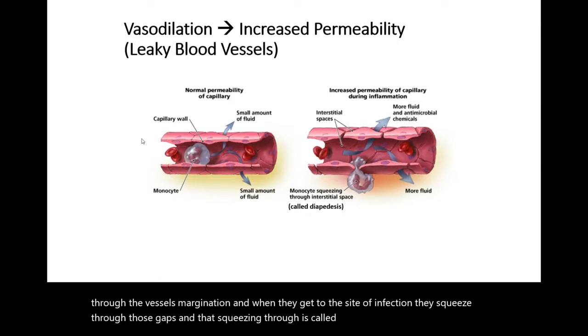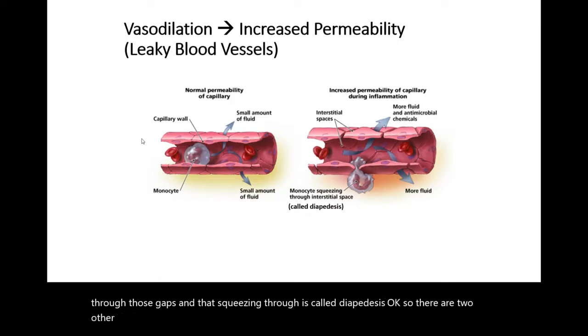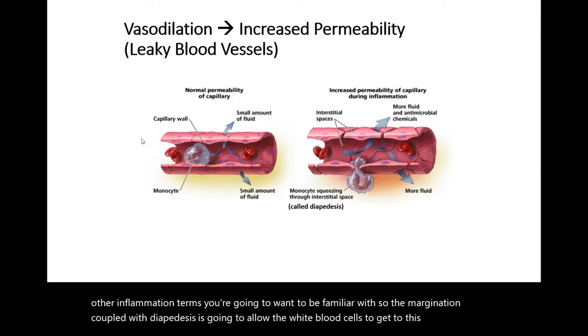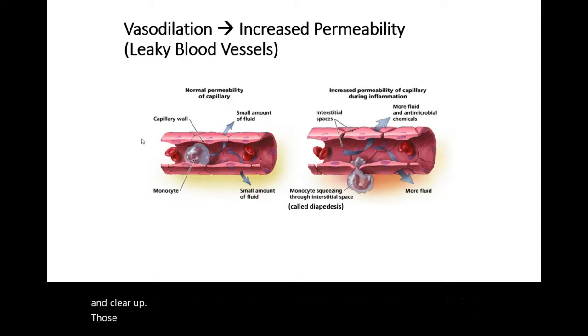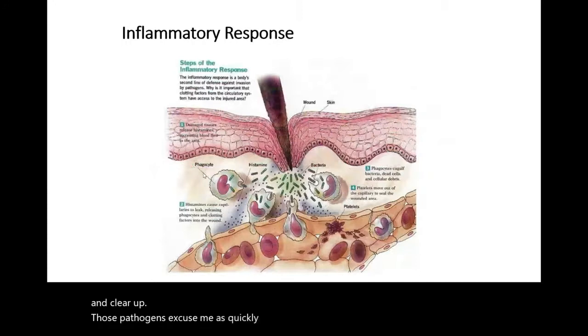Okay, so those are two other inflammation terms you're going to want to be familiar with. So the margination coupled with diapedesis is going to allow the white blood cells to get to the site of infection and clear up those pathogens as quickly as possible.